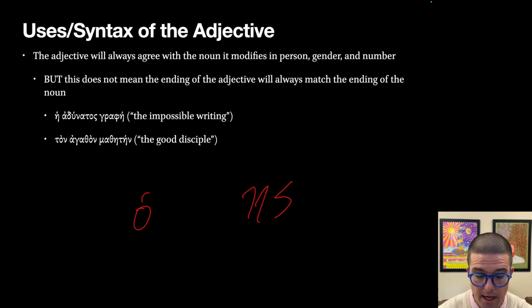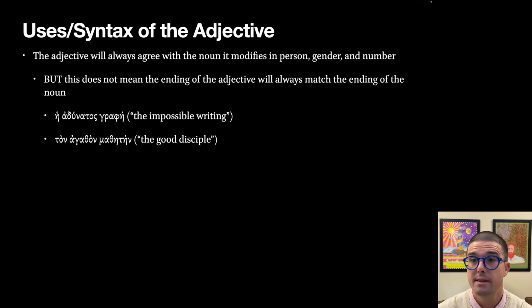So we do have occasions in which the noun uses a different declension that's not normally associated with that particular gender. So all of this to say, an adjective, for one reason or another, might not look like the noun that it's modifying with respect to their endings. Their endings might look different from one another, though they are still always actually matching one another in case, gender, and number.